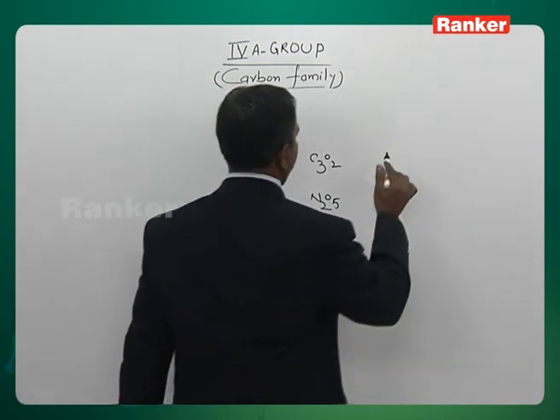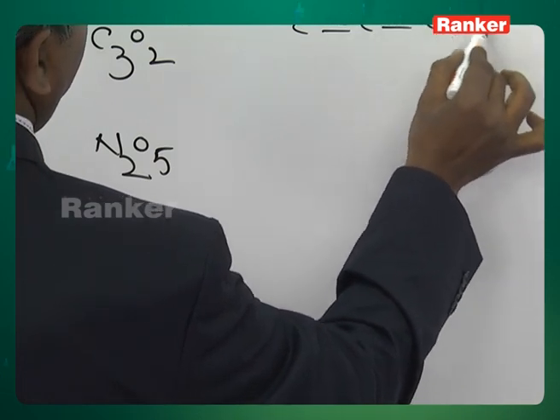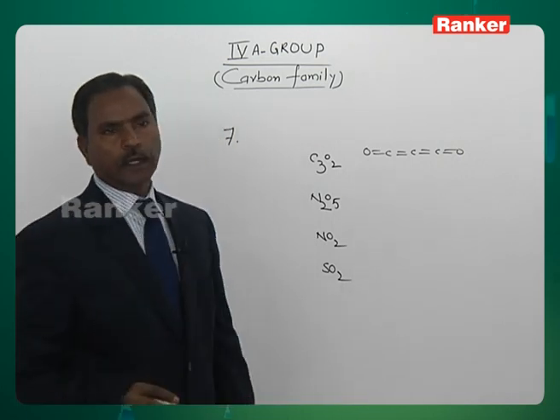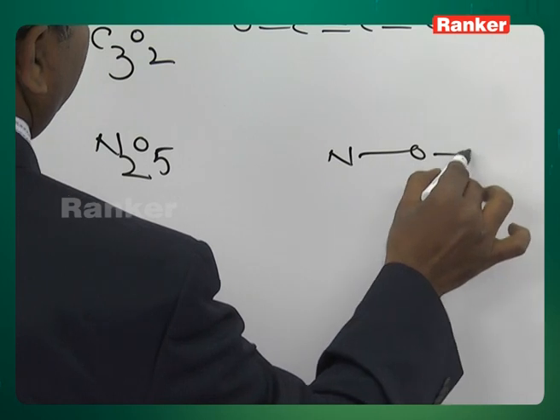This is the structure of carbon suboxide, and this is the structure of N2O5.